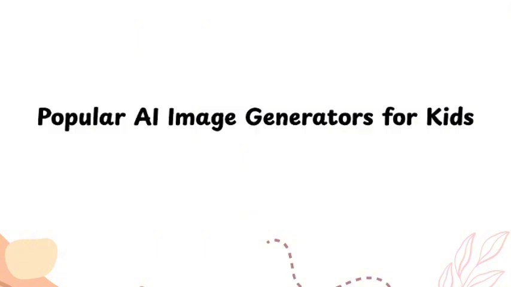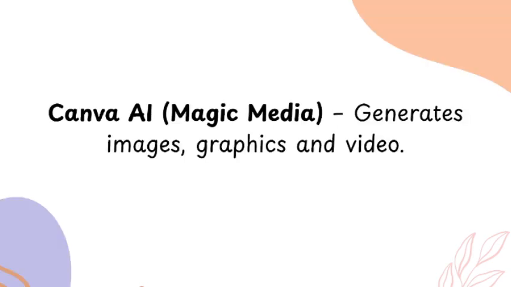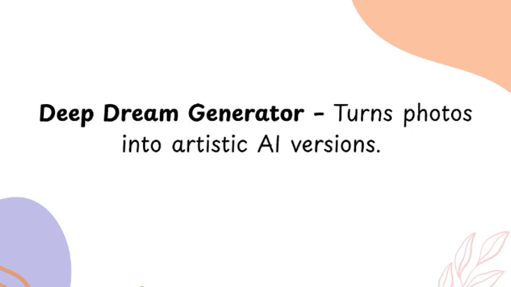So let's look at popular AI image generators for kids. We have Canva AI, the Magic AI, which is the one we are going to be using. This Magic AI generates images, graphics, and videos. We have the Deep Dream Generator, which turns a photo into an artistic AI version. Like I told you, there are some AIs where you can upload photos and tell it, turn this photo to this or to that.